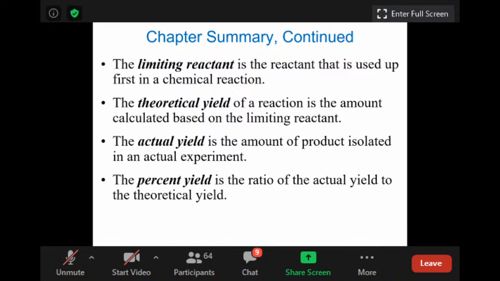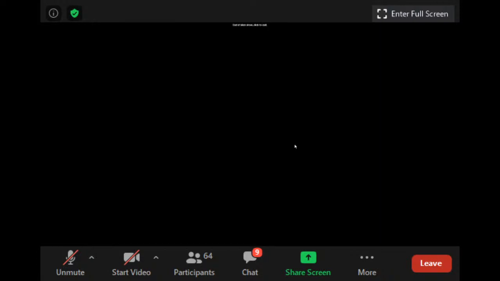You're going to calculate that using the limiting reactant. So whatever is the limiting reactant becomes the basis of the theoretical yield.